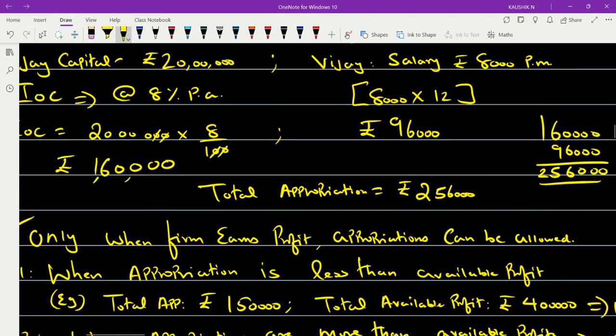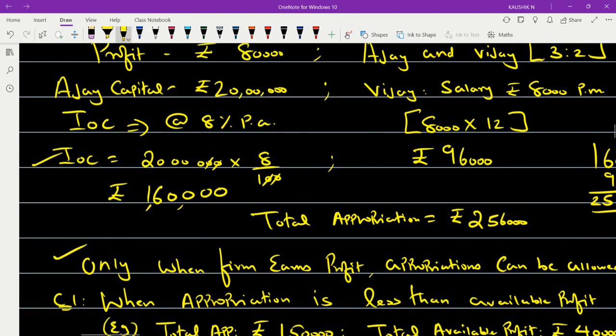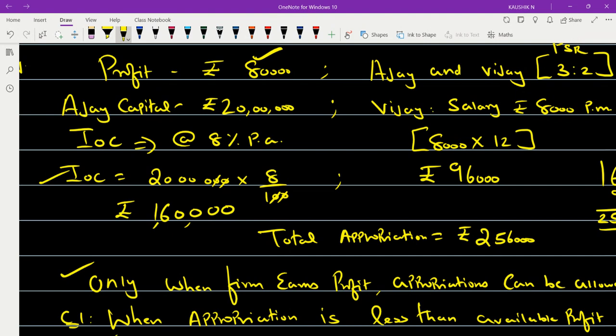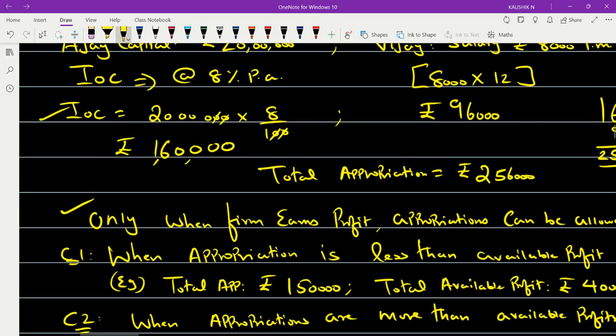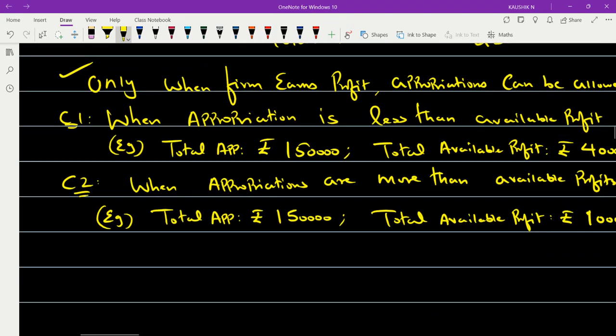Now you check: your total appropriation is 2 lakh 56, whereas the total profit you have is only 80,000. Now you tell me, this problem comes under which category? Case 1 or case 2? Case 2. So that means we need to convert this into a ratio.